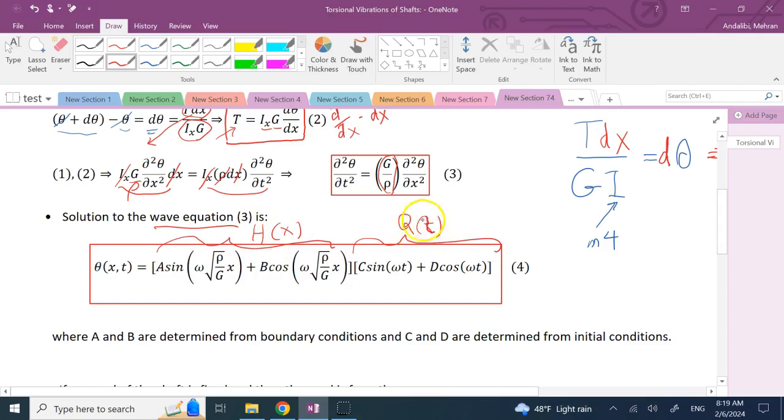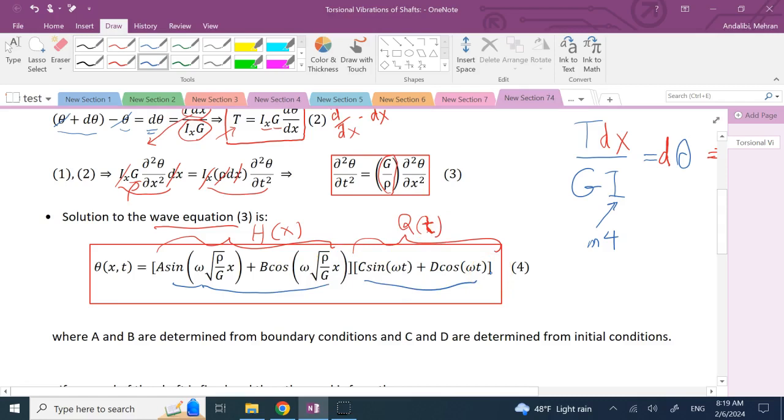And then we did separation of variables. They both turned out to be constant, and we found that constant has to be negative. So both of the solutions are harmonic, like this and like that. The x solution is a sine of this parameter plus b cosine of that parameter. The q is c sine omega t plus d cosine omega t.